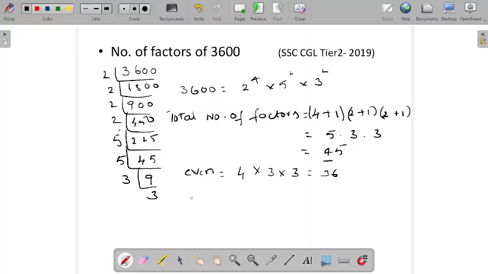Let's take odd. 2 factors should not be taken, so the other value is (2 plus 1), 3, into (2 plus 1), 3, that means 9. So the sum is 45. See, you have got it. Like this we can do.